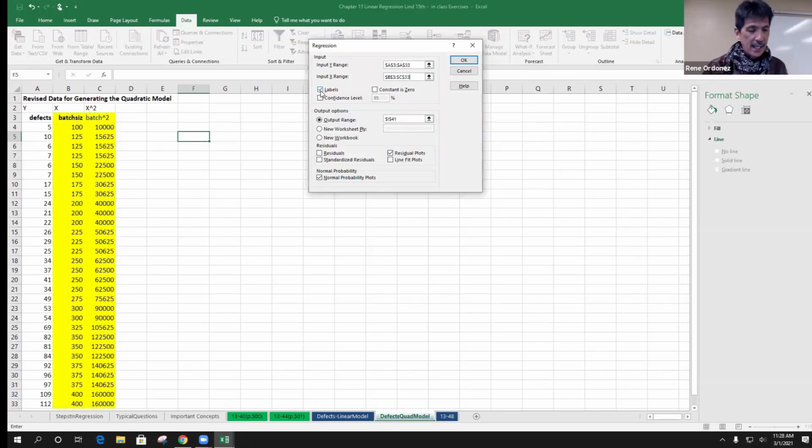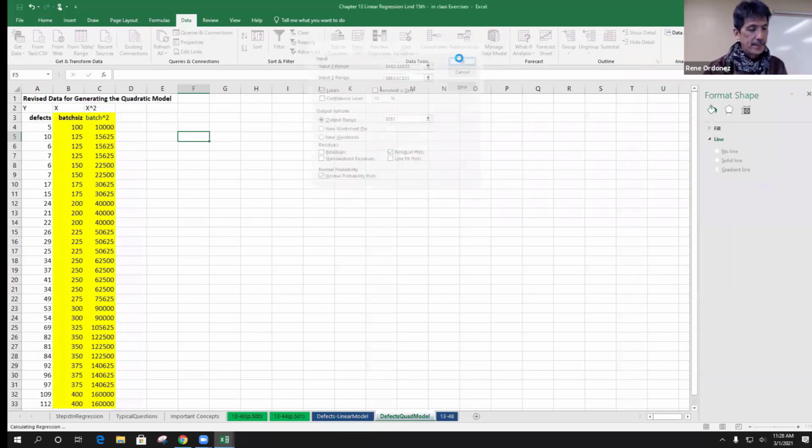We'll select labels. The output range, let's start that in E3. And once again, we're going to generate the residual plots and the normal probability plot for the test of appropriateness. Then click OK.